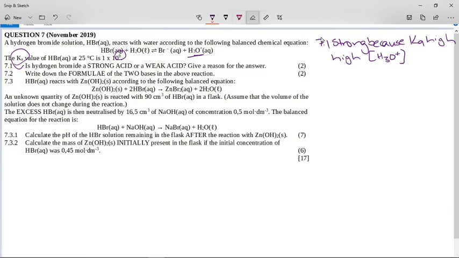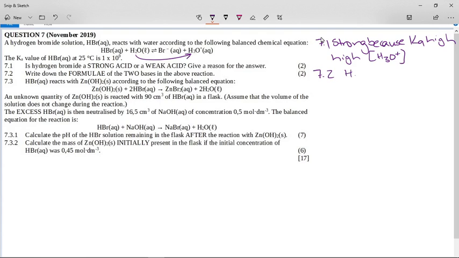Write down the formulae of two bases in the above equation. Well, when you look at this and your mind goes, where's the base, I don't see a hydroxide ion, you have to remember the other definition of a base is a proton acceptor. So in this equation, the H2O goes to the H3O+, so it has accepted a proton.